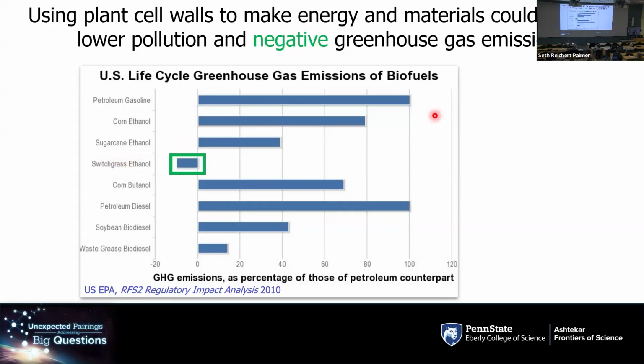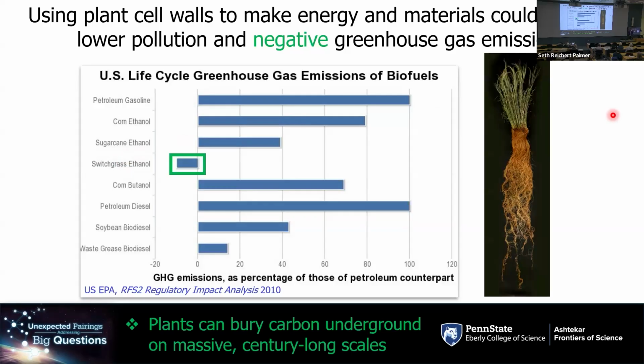The reason it's negative is because plants don't just produce above ground parts. They produce roots. So you might have heard about some technologies that are called direct air capture for carbon sequestration. Plants are doing this all the time, essentially for free.